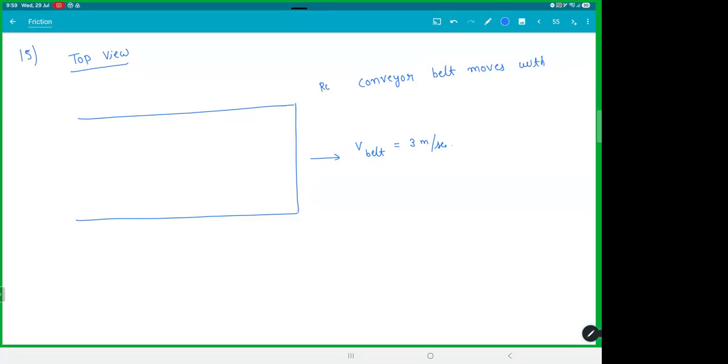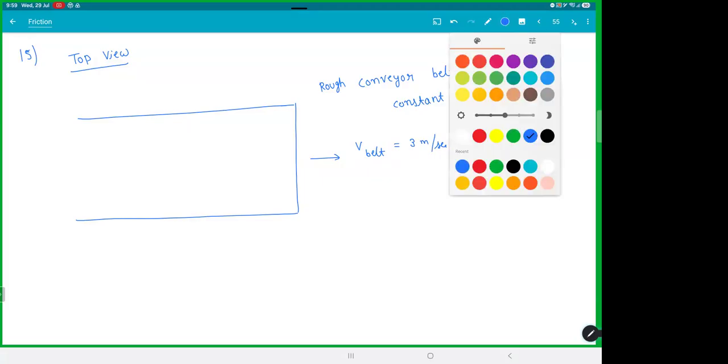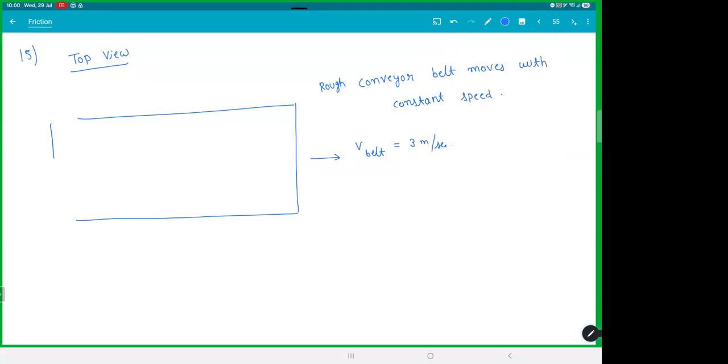This is a rough conveyor belt. The width of the conveyor belt is W. We don't know this width. Best example, think of your treadmill. This is how the treadmill surface will look. It is pretty thick. And the friction, mu, is equal to 0.5.